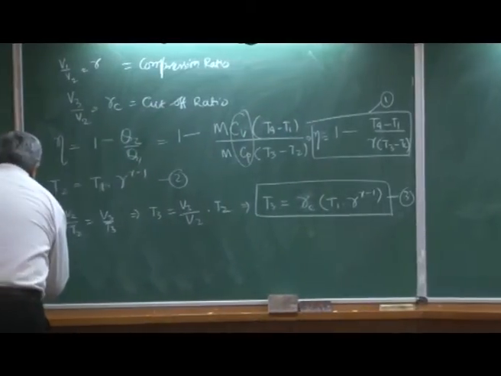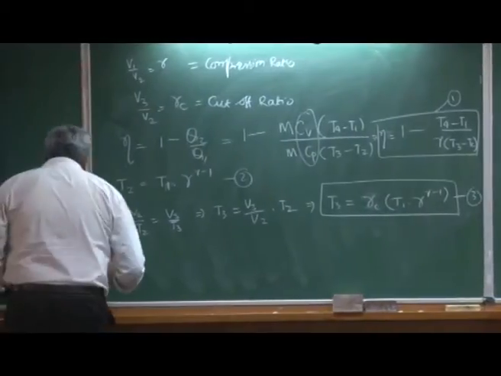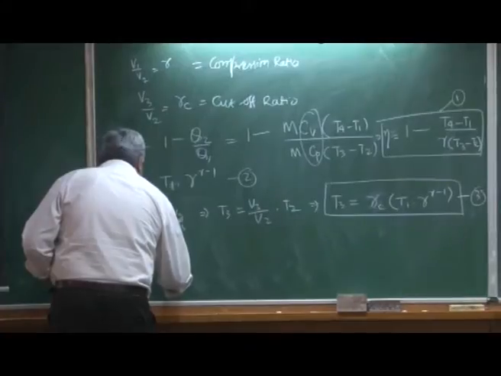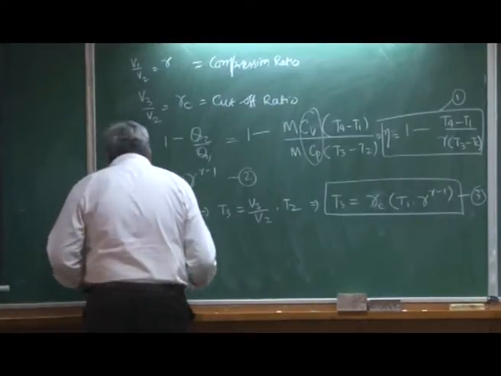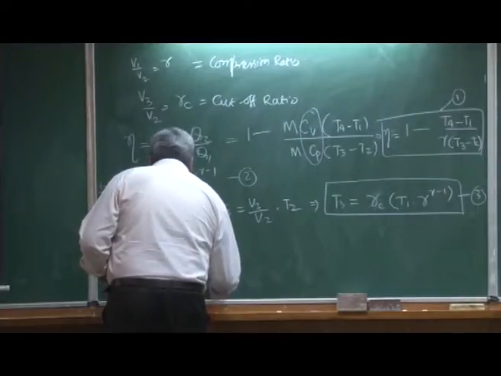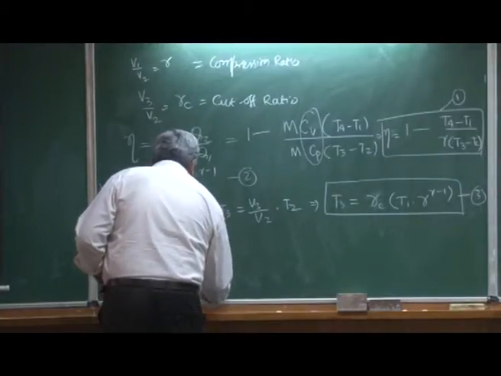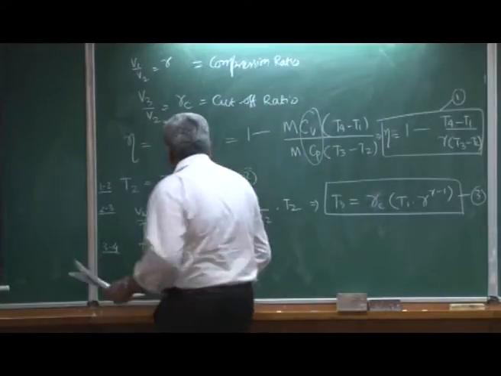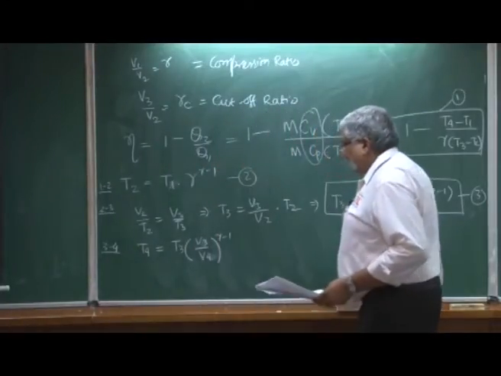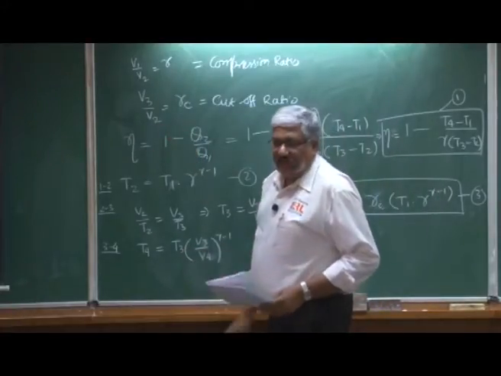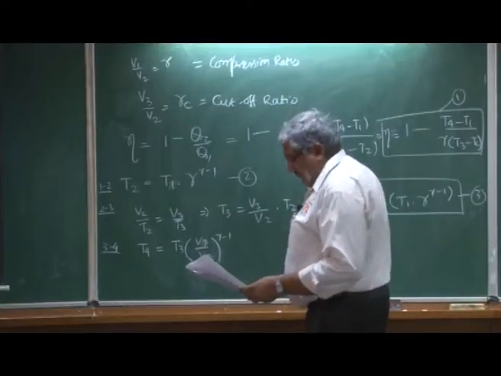So I look at process 3-4, and I write T4 is equal to T3 into (V3 upon V4) to the power gamma minus 1, because TV to the power gamma minus 1 is constant for an isentropic expansion process.